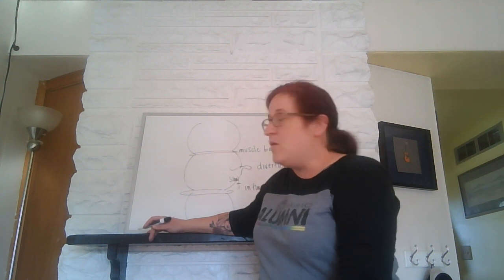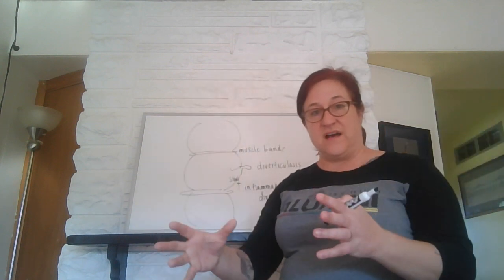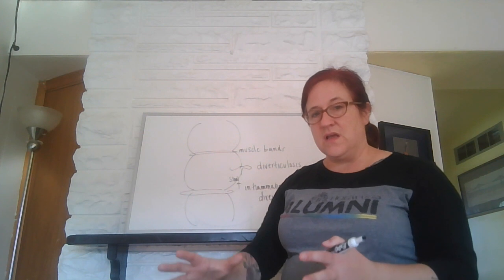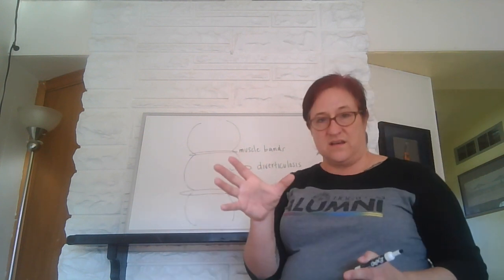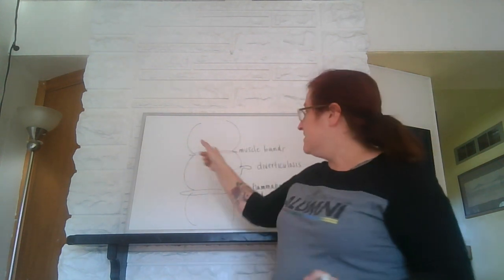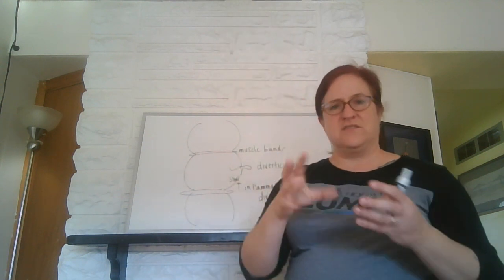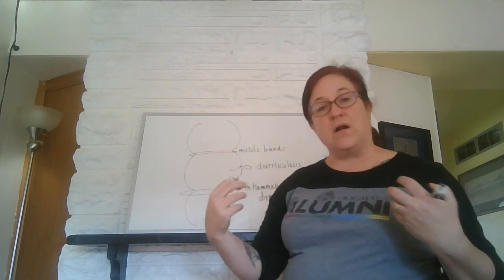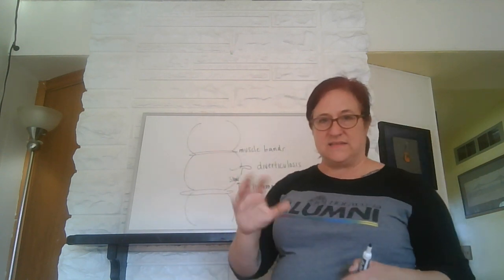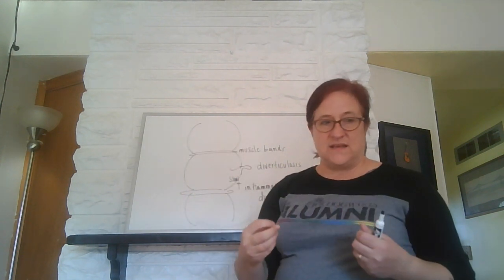So what happens is when the small intestine gets through the ileocecal valve into the first part of the colon, the right side of the colon, those bands will move, pushing the waste forward and sort of squeezing it like a sponge to get the water out. So we have these continuous muscle bands that propel the waste forward and squeeze out the water.